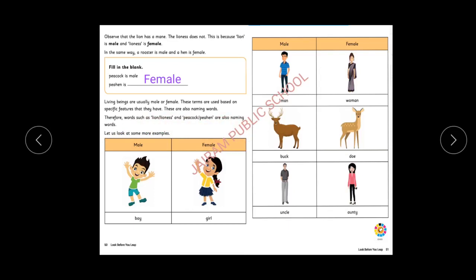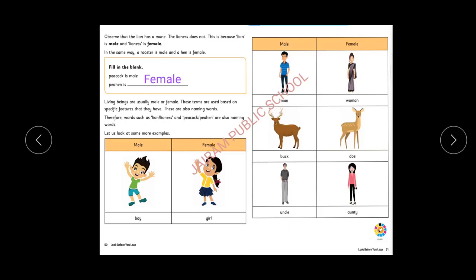In such a way, not only the name of the object, for example, table, chair, not only the name of the person, Radha, Ravi, like that. Not only those names, as well as lion, lioness, girl, boy, father, mother. These are also nouns. These are also called naming words. That is what is given here.